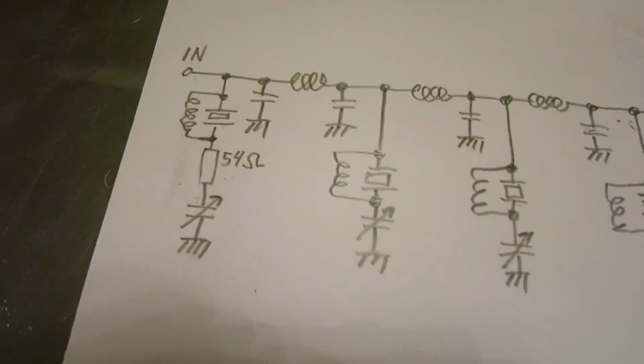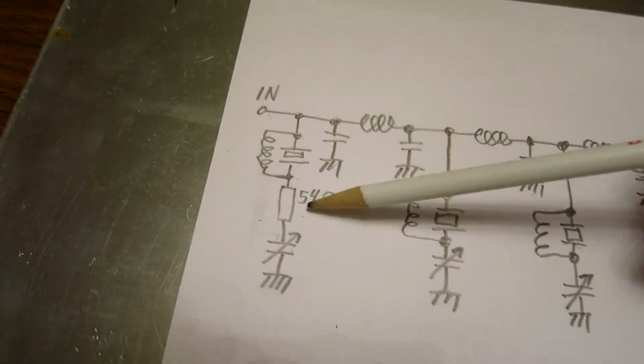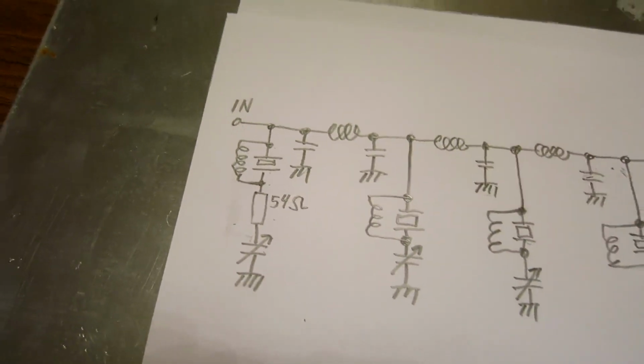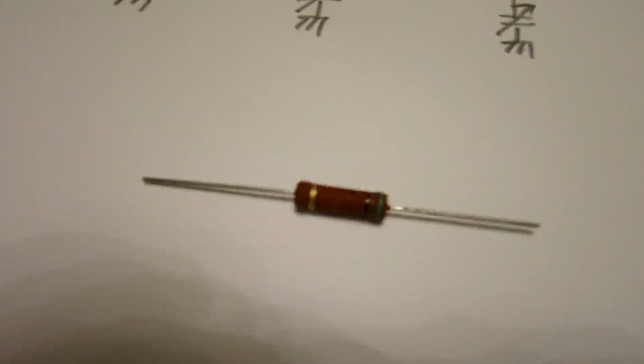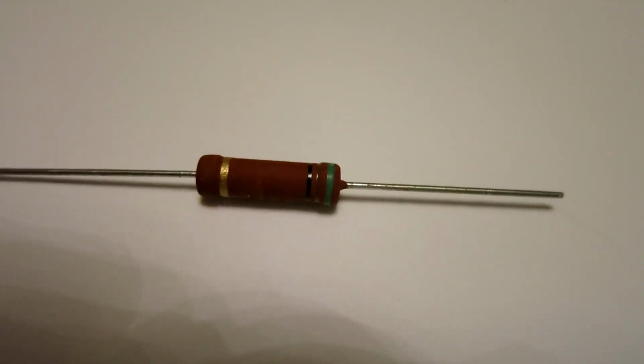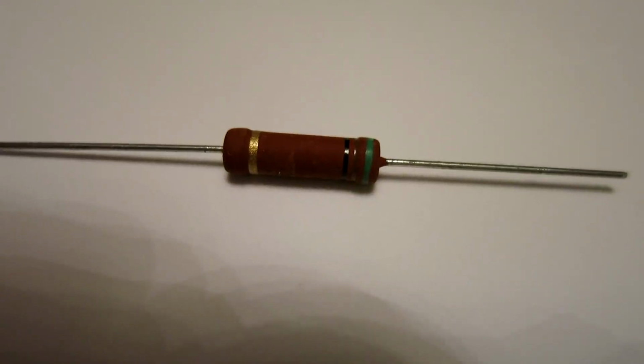Now, if there is noise here, what I can suspect is maybe this resistor is noisy. It's composed of four of these ones. I don't know if it is easy to see. It's 51 ohms, rated 1 watt.